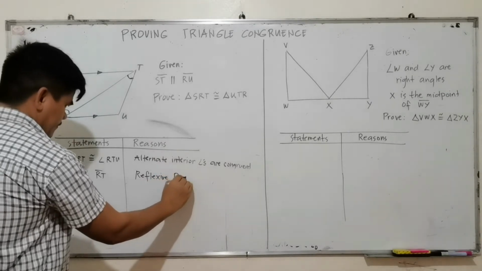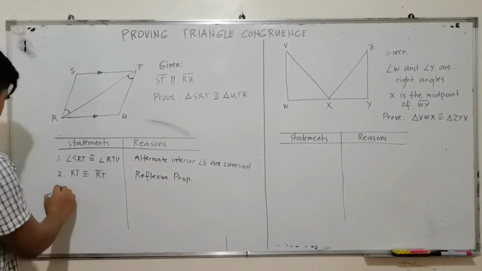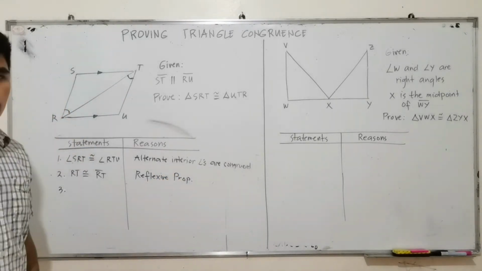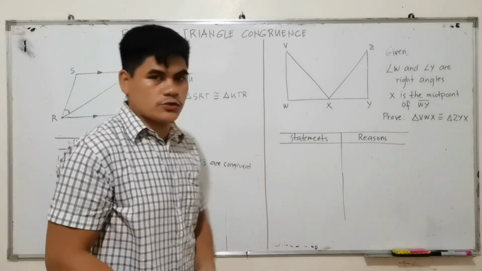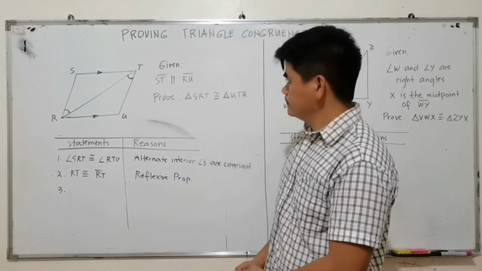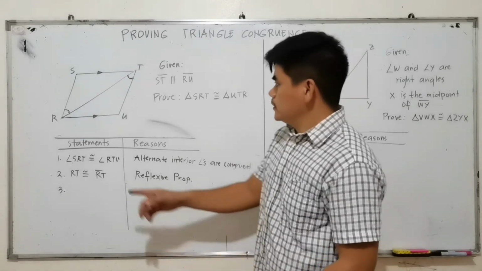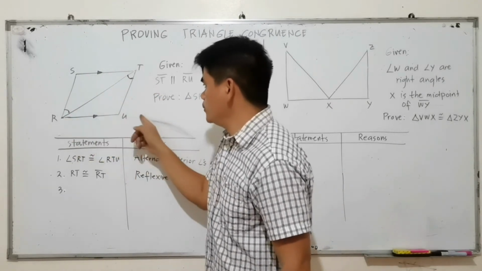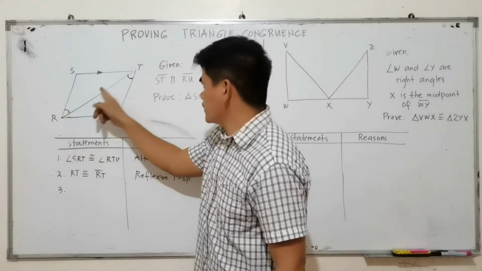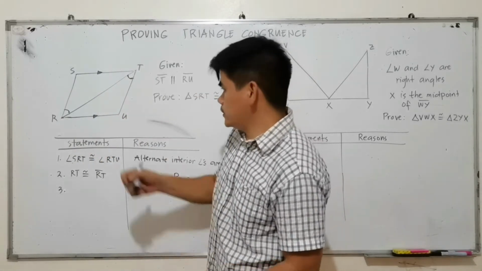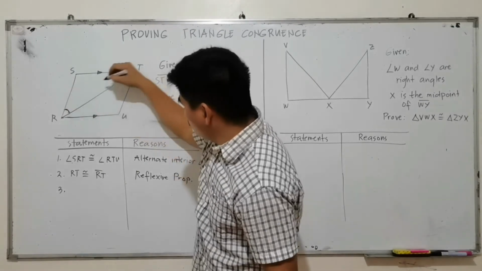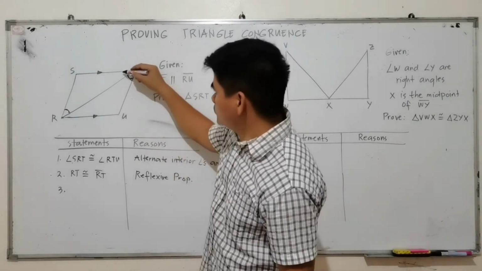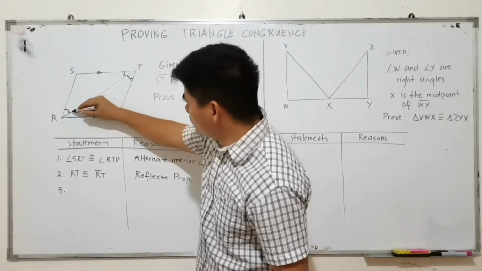Okay? Number 3, can we have another angles or side which is congruent? Take note, if these lines ST and RU are parallel, then alternate interior angles are congruent. So this is not the only angles which are congruent, these angles also. Will you agree?